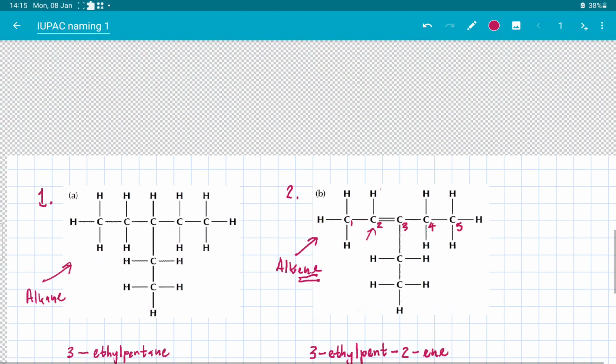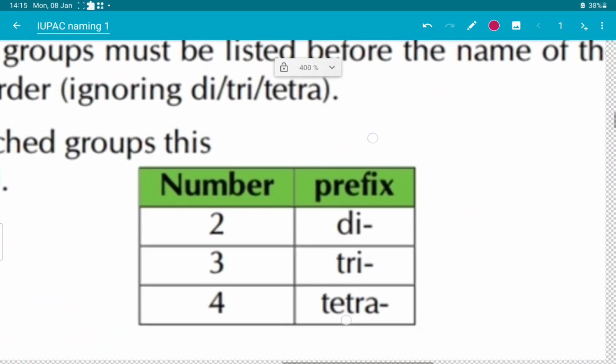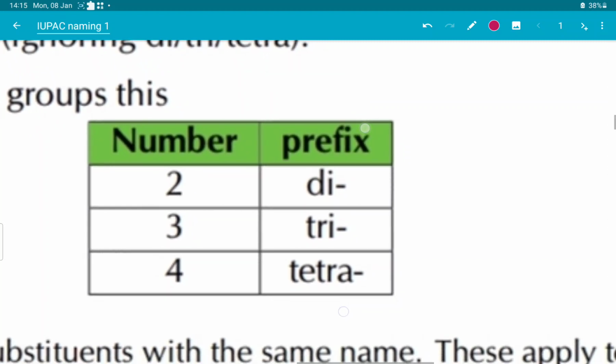Let me go and check the rules. I think there is the part. I'm just going to zoom here. Whenever you have two functional groups, such as the double bond, the triple bond, or you have two halogens or three halogens in the same molecule, or four in fact, or you have two or three or four substituents, you use di, tri, tetra.